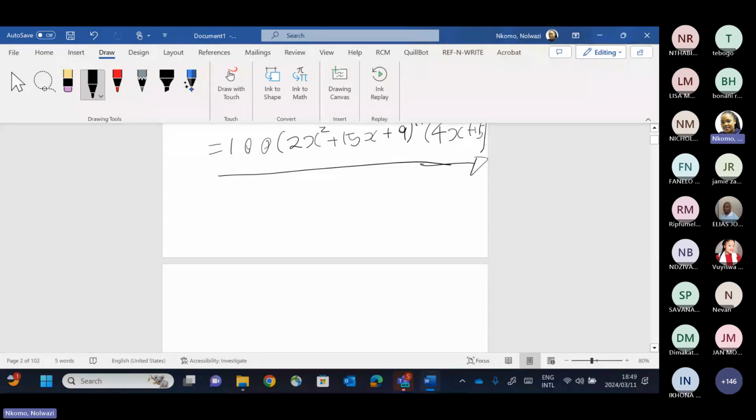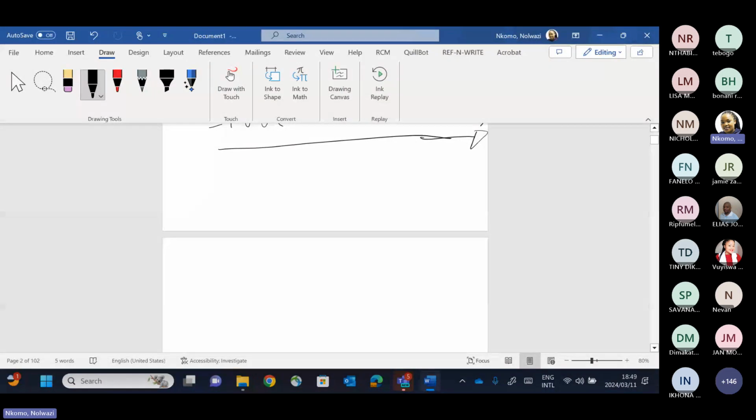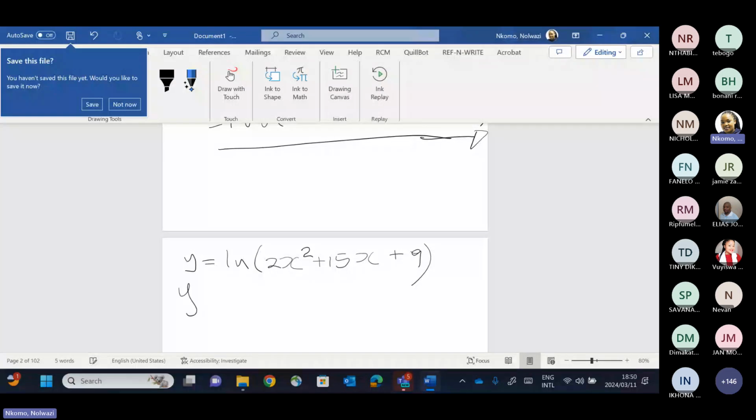Okay, let's try and do another example where we'll be using another rule. Suppose now you are given y equals ln(2x squared plus 15x plus 9), and you are asked to find the derivative, y prime, or to differentiate this function.